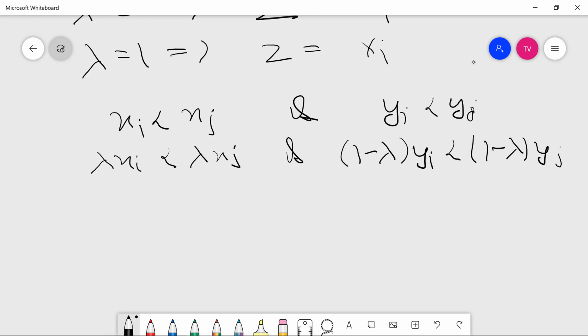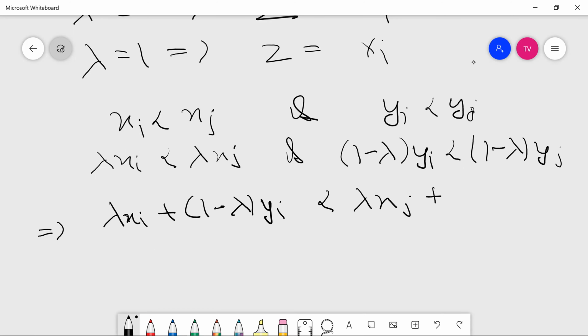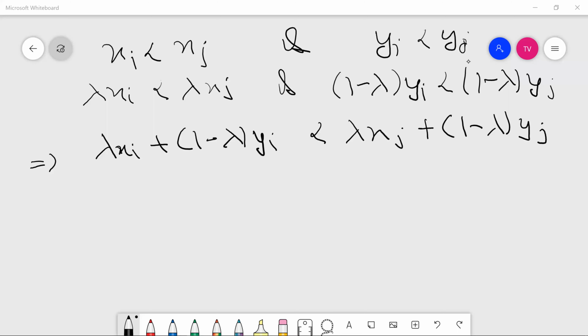If we add both of these, we get lambda xi plus 1 minus lambda yi is less than lambda xj plus 1 minus lambda yj, which is simply the definition of z.